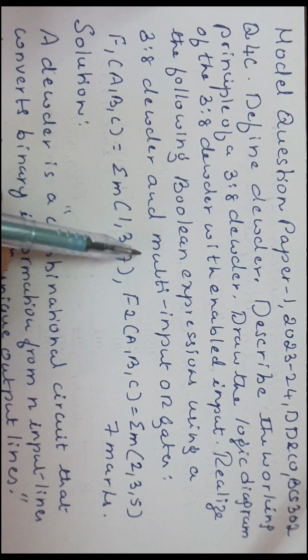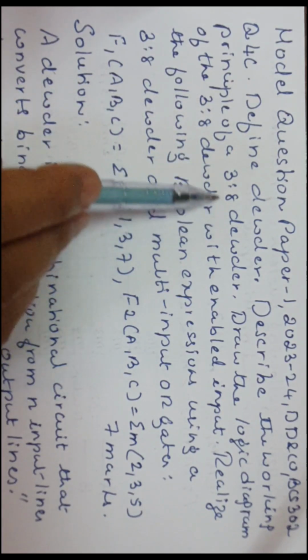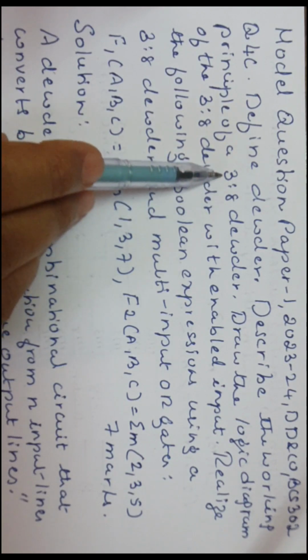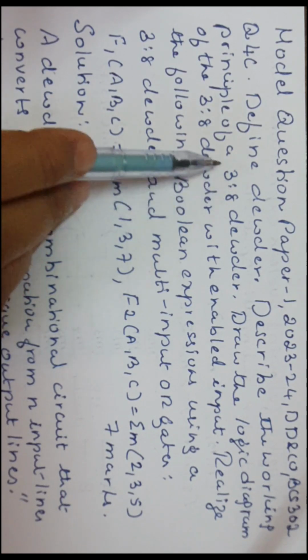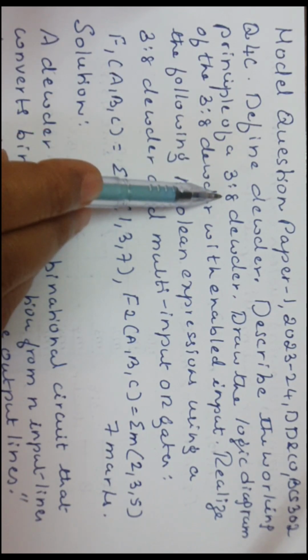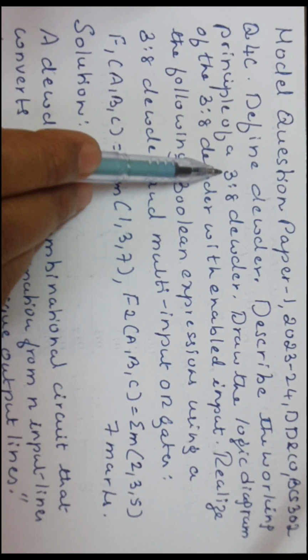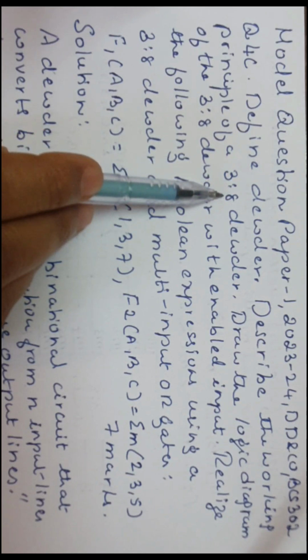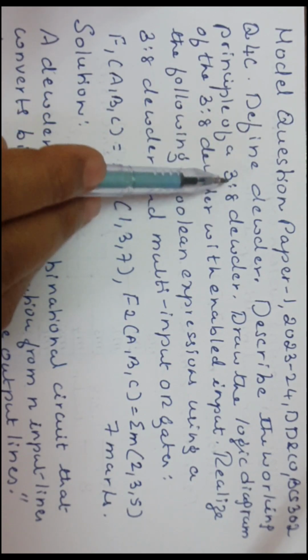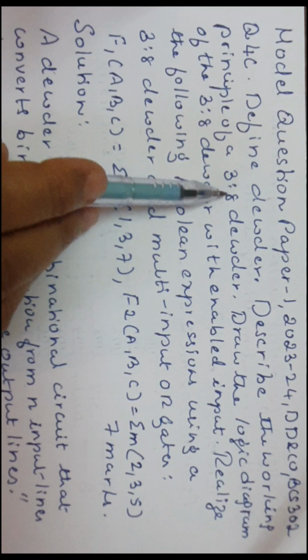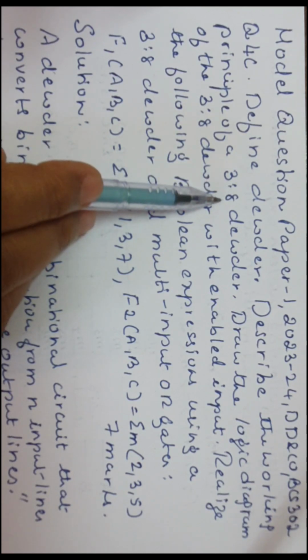This discussion can be extended to a 2:4 decoder: if n is 2 inputs, the outputs are 2 raised to n, that is 2 raised to 2, so it is 2:4. If there are 4 inputs, on the output side 2 raised to 4, 16 output lines. Here they have asked 3:8, but there may be 2 to 4 or 4 to 16.